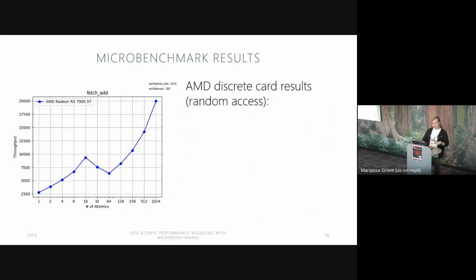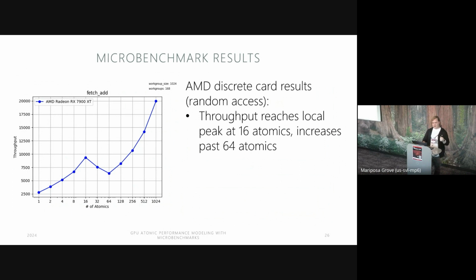Here's our results for the AMD card. You'll see that at 1, there's 1 atomic location for them all to access. Throughput's pretty bad. It increases all the way to 16, and then there's a local maxima, and then it increases past 64, presumably ad infinitum. I mean, we haven't gone that far.